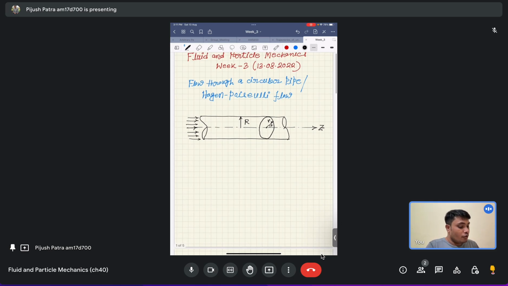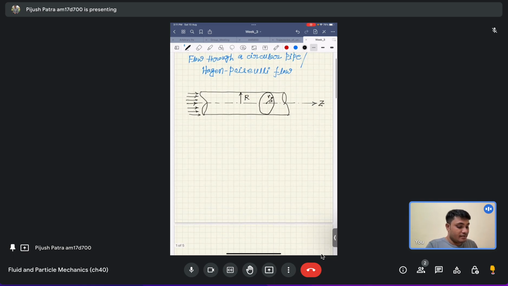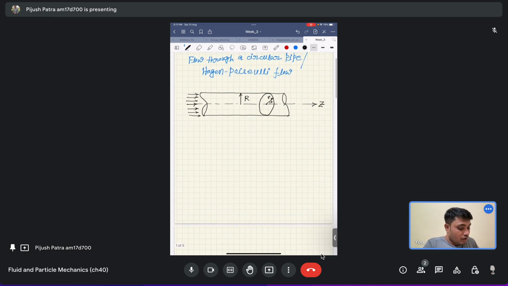Before proceeding, I'll write down some assumptions. The number one assumption is that flow is steady, that means the flow variables do not depend on time.